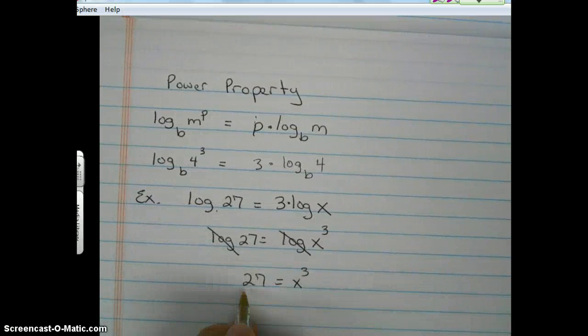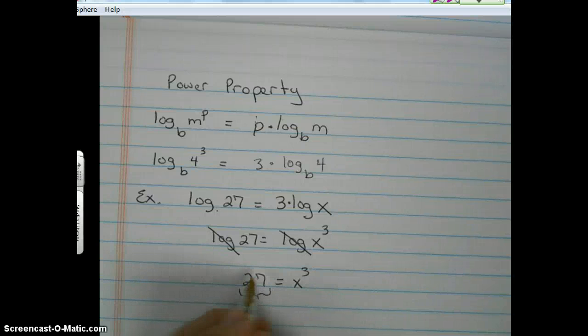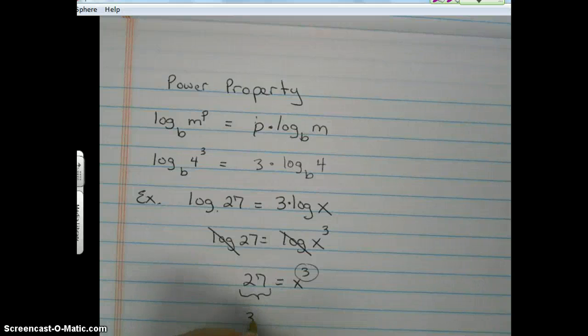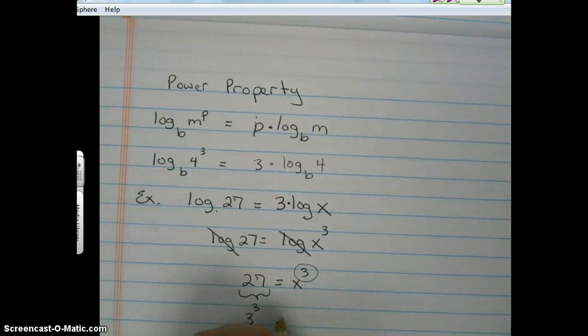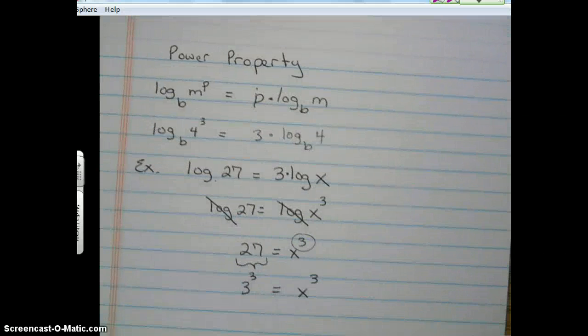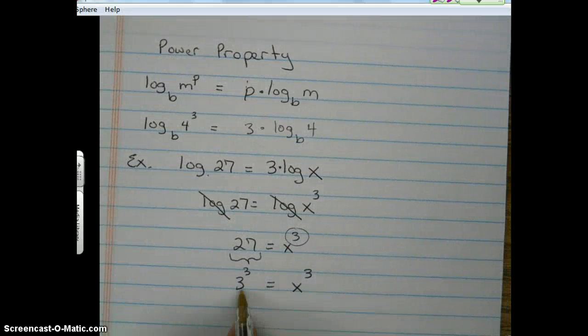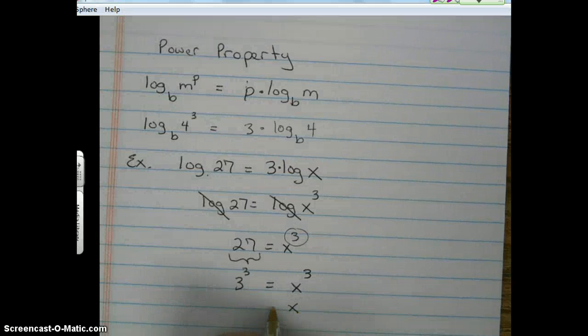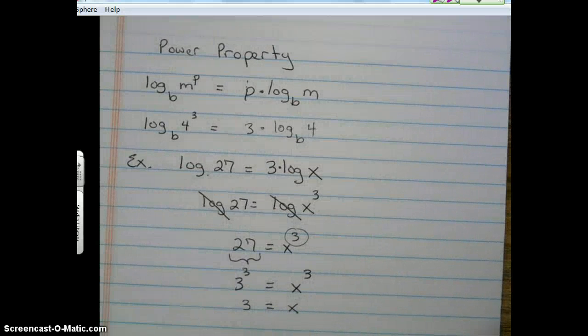But if you didn't know that, maybe you'd want to ask yourself the question, what number to the third power is 27? Well, 3 to the third power is 27. So what number does x need to be in order for this to be equal? X needs to be 3. X equals 3.